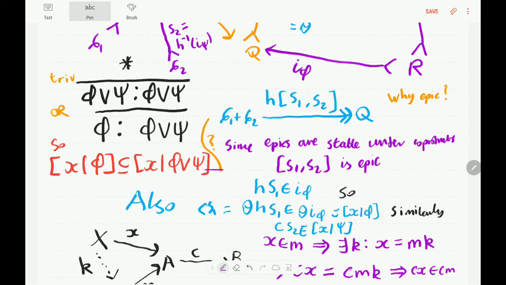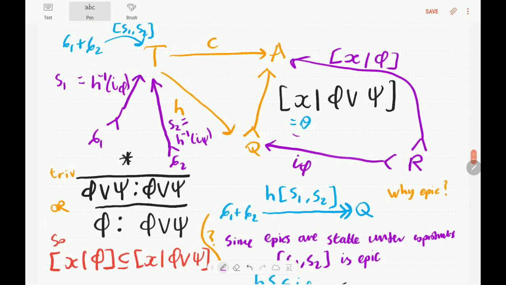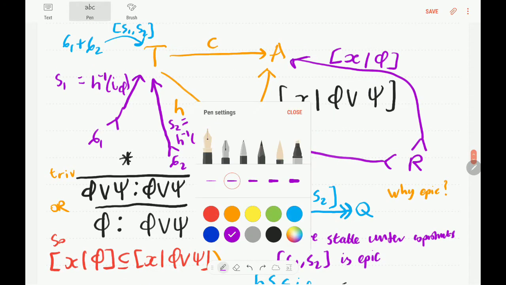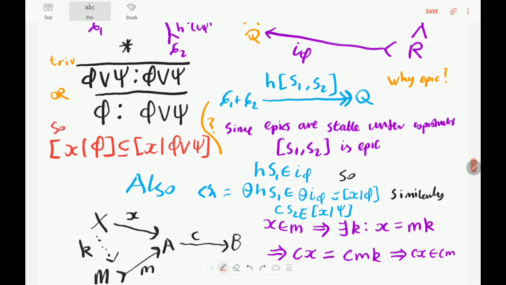So C after S1, which is theta after H after S1, where theta is the extension of phi or psi.